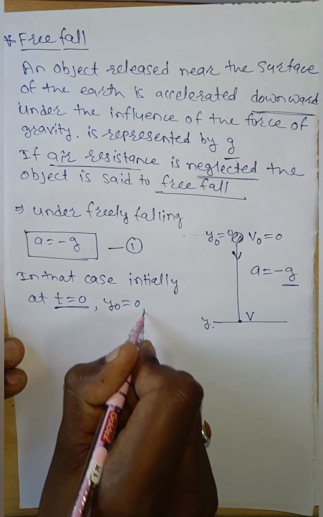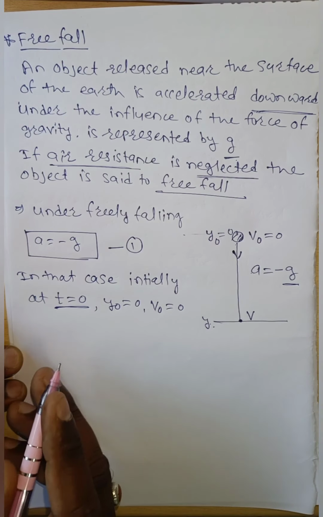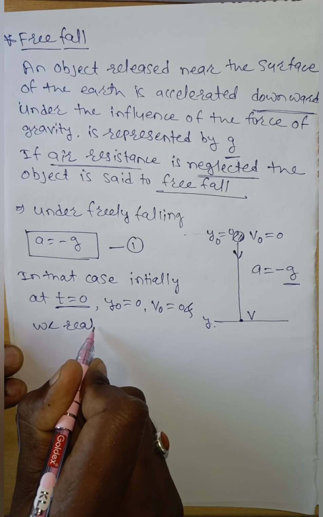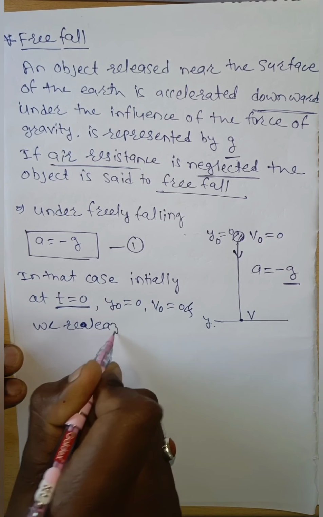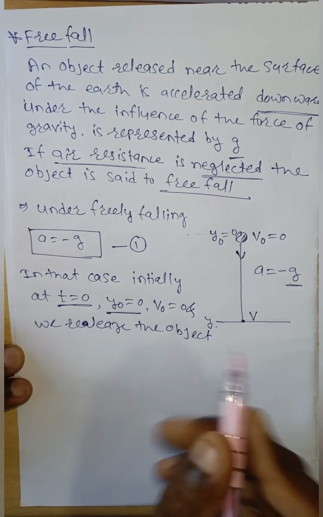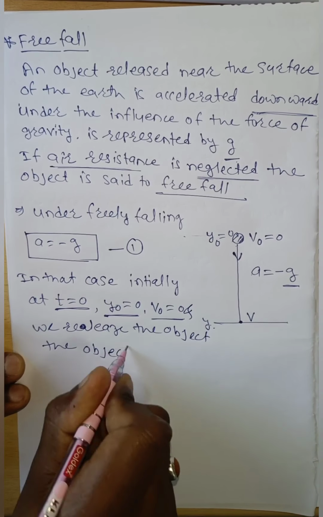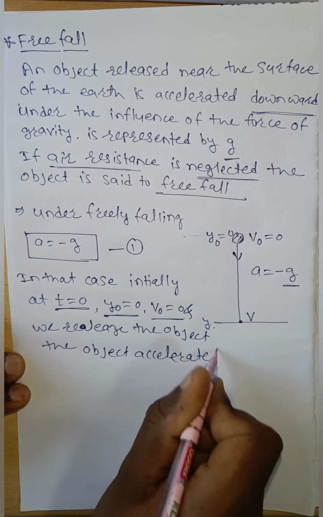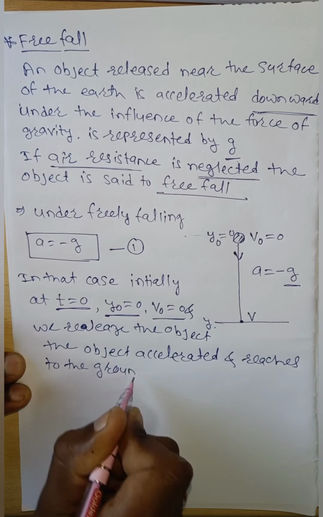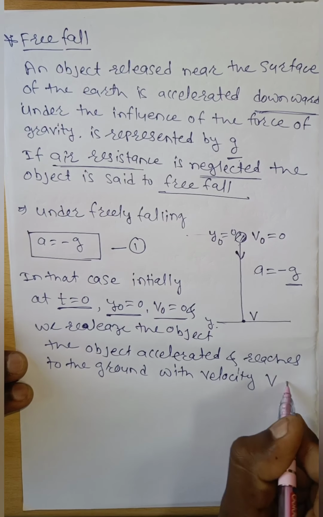Initial position y naught is 0 and initial velocity v naught is 0, and we release that object. Then the object is accelerated and reaches the ground with final velocity v in time t.